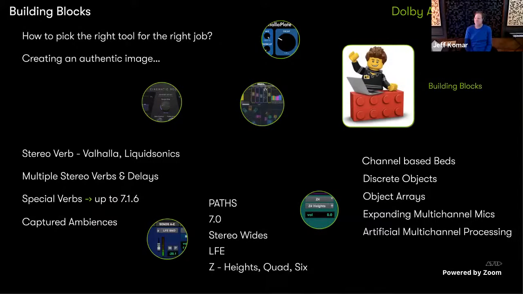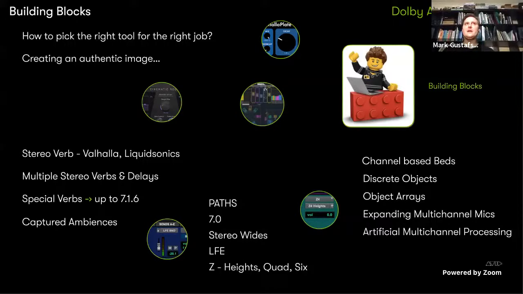Layers and layers. Has your approach to how you deal with space and these types of elements changed from when you started in Atmos to where you're at now? Definitely. I definitely used to try much more to cheat distance, if a singer was too close on a mic and I needed a little bit of space, or I'm not using as many of those short rooms in the same way that I did.